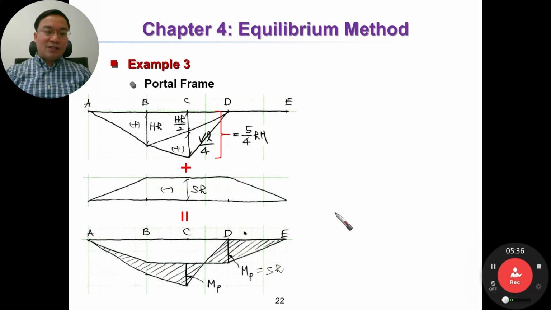Then we have the whole moment diagram of the structure ABCD. Moment here is MP, equal to this at H, and how about the moment here?